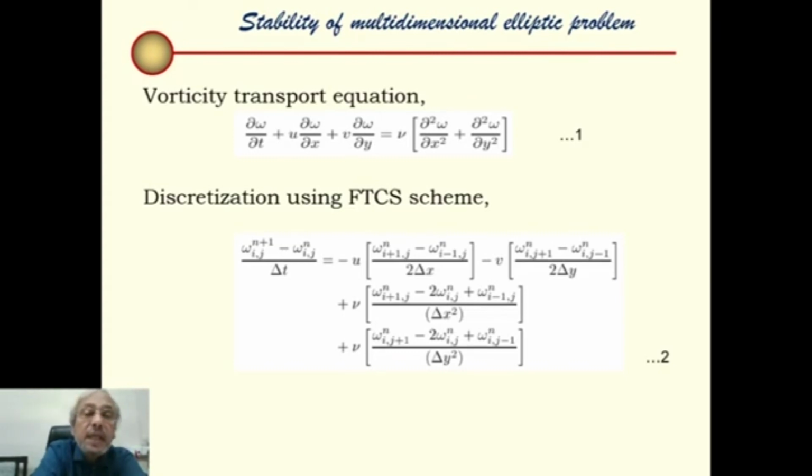So, as you can see, omega is del v del x minus del u del y.